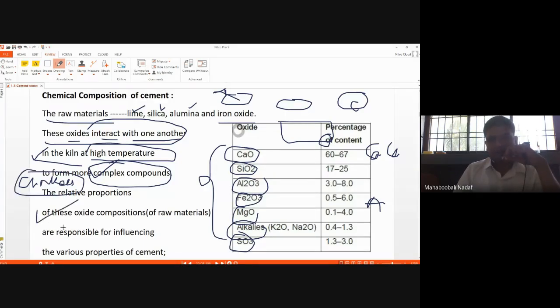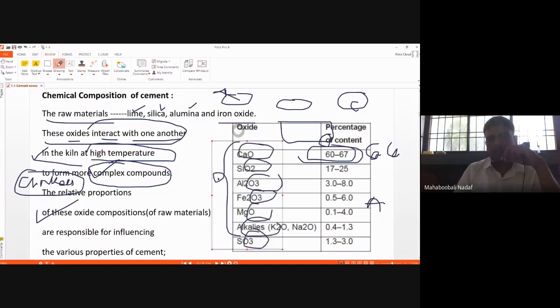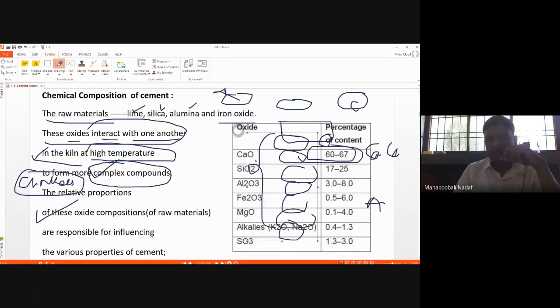The relative proportion is given here. Which oxide has the maximum percentage? Generally, calcium oxide has the highest content. Next is silicon oxide. The remainder are in the form of traces: aluminum, ferrous, magnesium, alkalis, SO3.